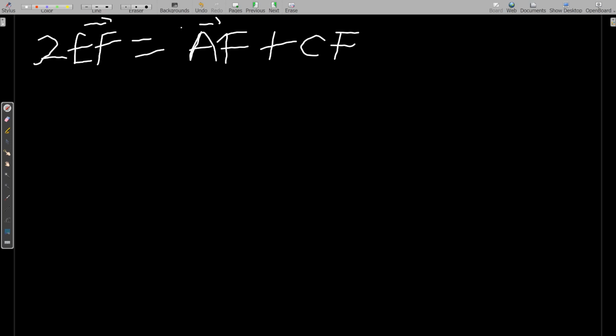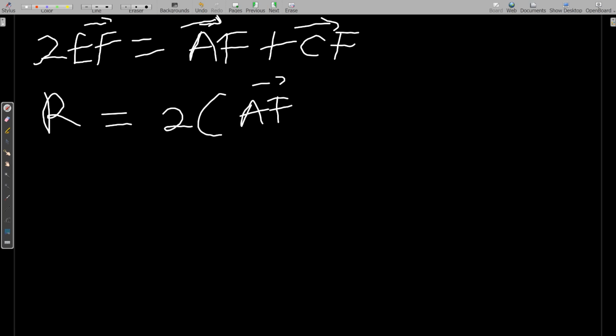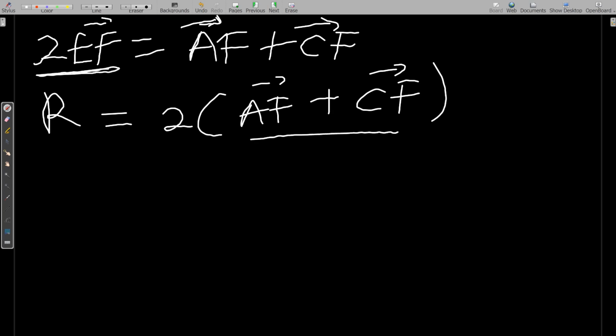Pardon me with my arrows, because sometimes writing has become something, but I know that they are vectors. We've already said that the resultant is actually given by 2 into AF plus CF. But then AF plus CF is also given as 2EF.